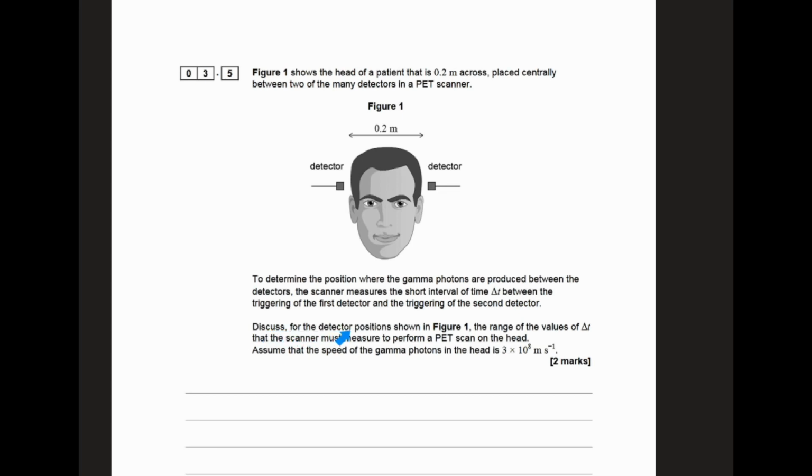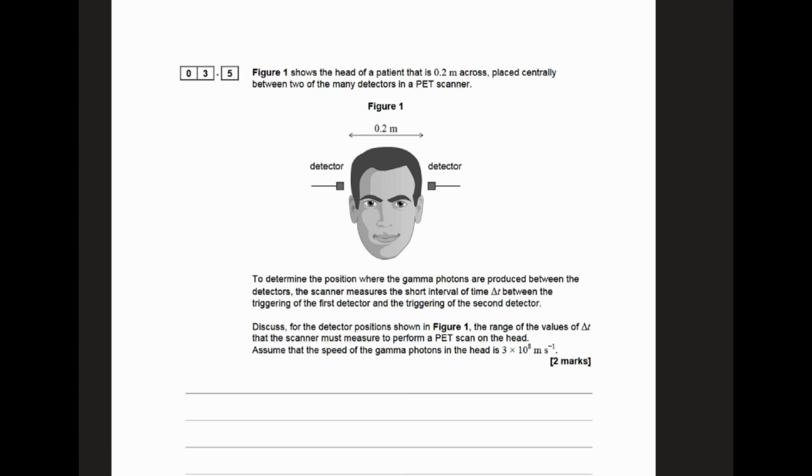Discuss for the detector's position shown in figure 1, the range of the values of delta t that the scanner must measure to perform PET scan on the head. Assume that the speed of the gamma photons in the head is 3 times 10 to the power of 8 meter per second. So first of all, we need to understand the questions in this way.